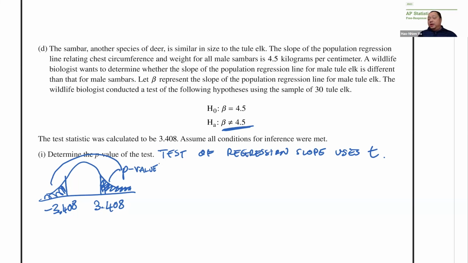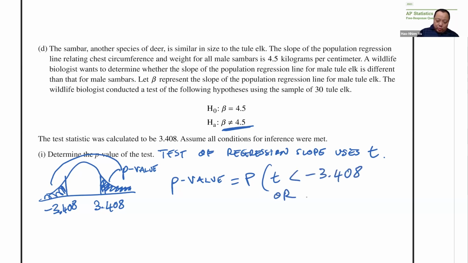If this were a normal distribution, you know how to calculate this. For the t-distribution, you use a similar process on your calculator to find this number. So the p-value is equal to the probability that t is less than negative 3.408 or t greater than 3.408. You can take one of them and multiply by 2.